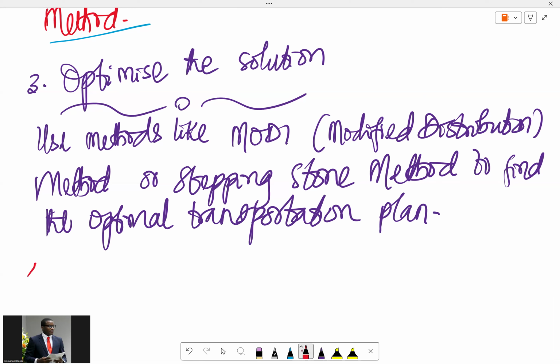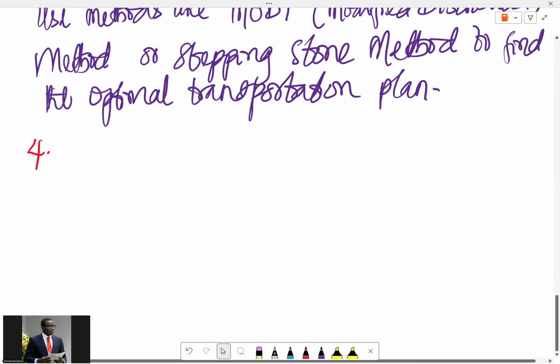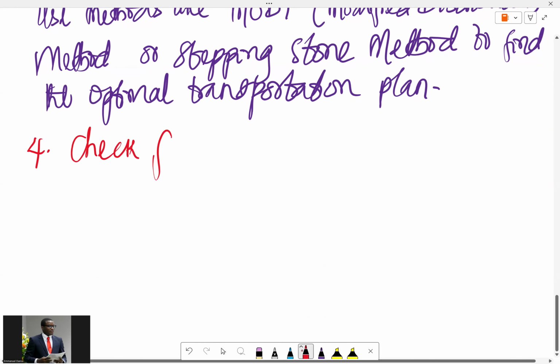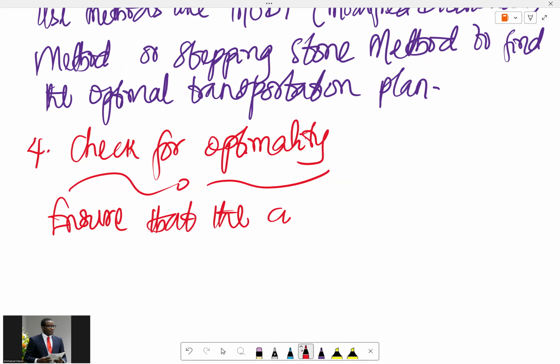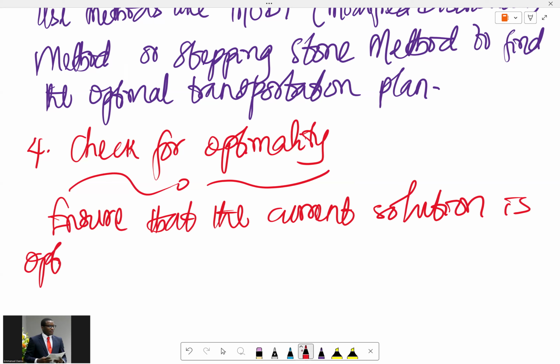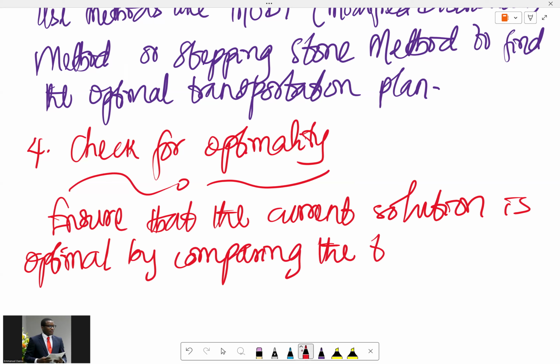And step four is to check for optimality. How do you check for optimality? You ensure that the current solution is optimal by comparing the total transportation costs.